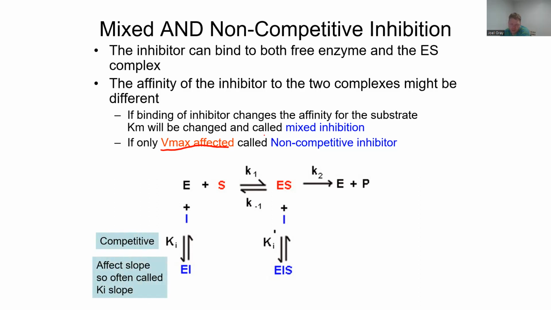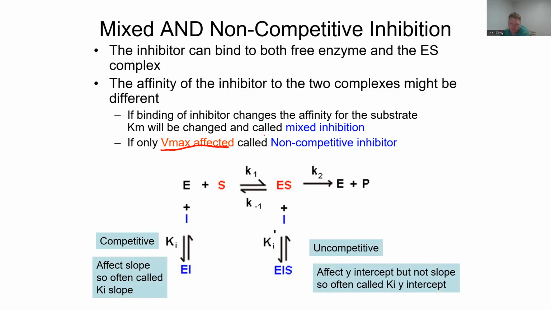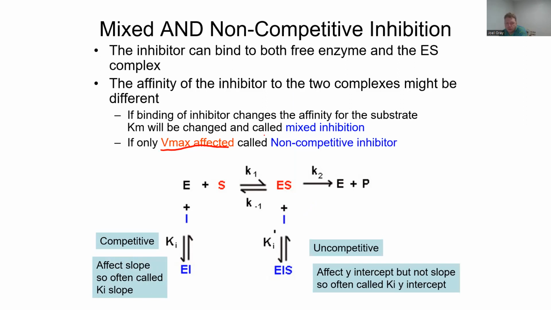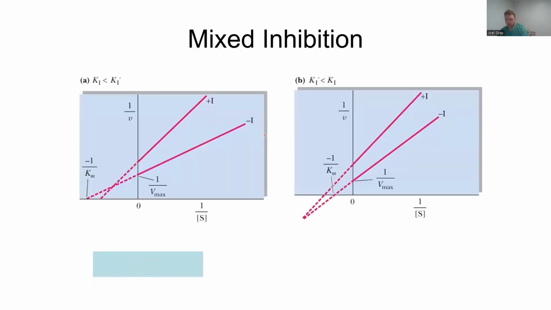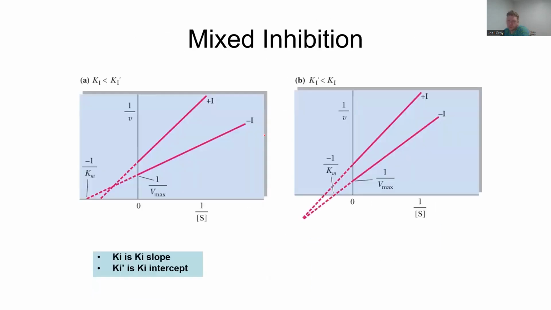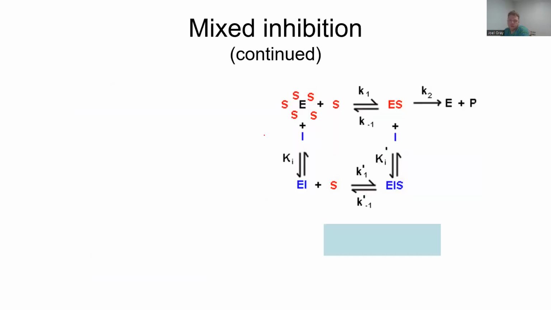So that's why this has displays of competitive and uncompetitive and what they look like. Now, here are some of our graphs. So if only Vmax is affected, this is a non-competitive inhibitor. But if Km is changed, it's a mixed inhibitor. Here are some of the different graphs where you can explore these different models.